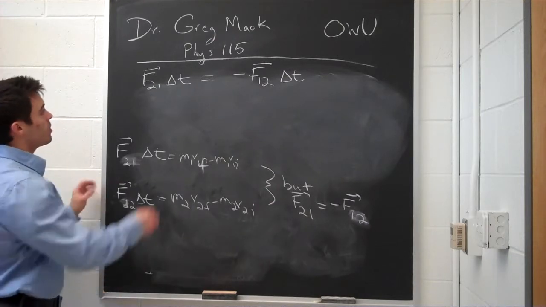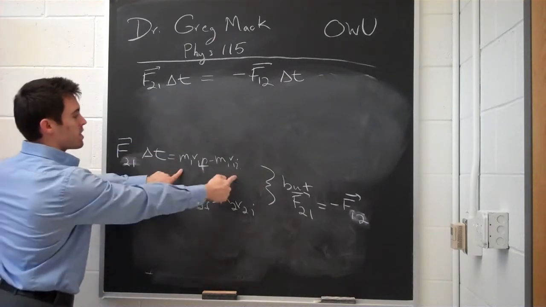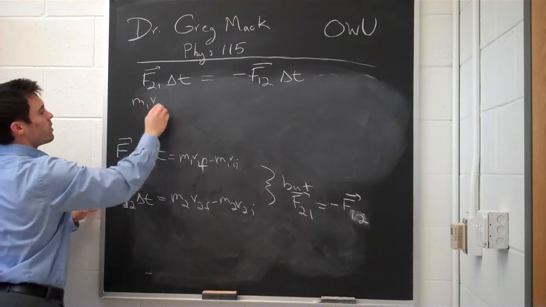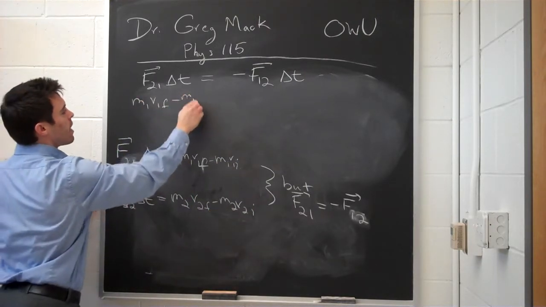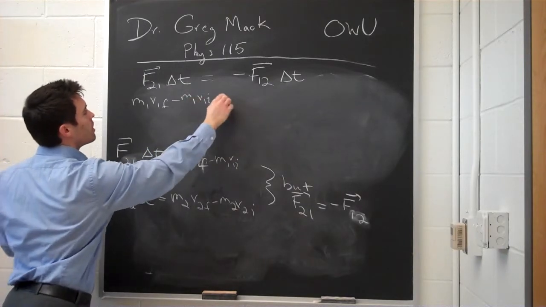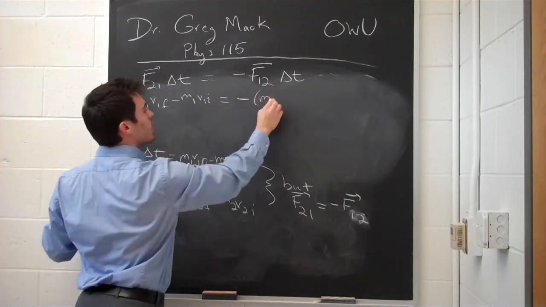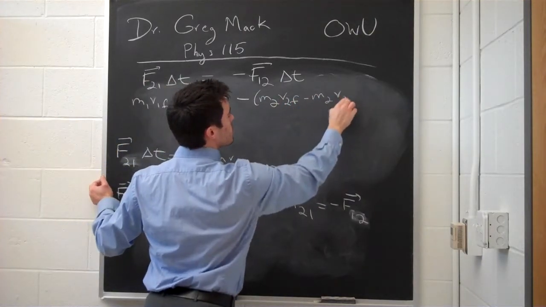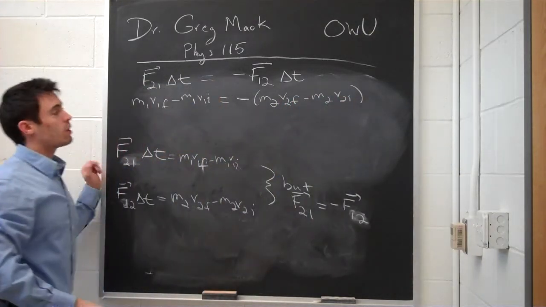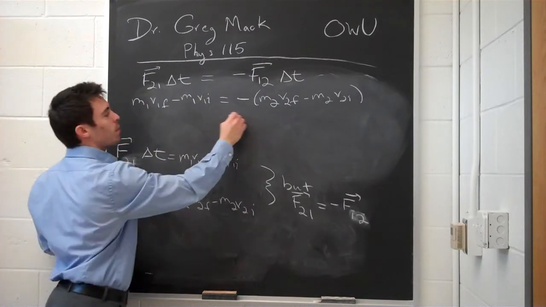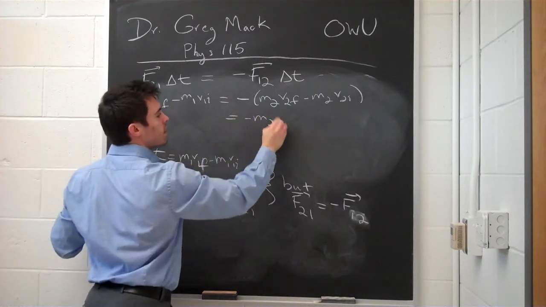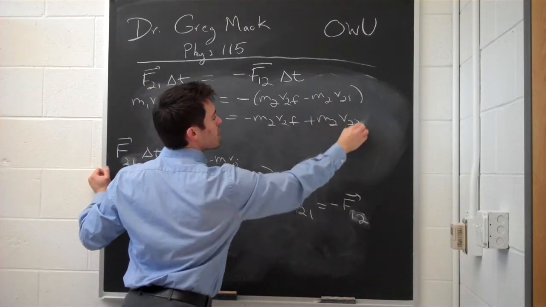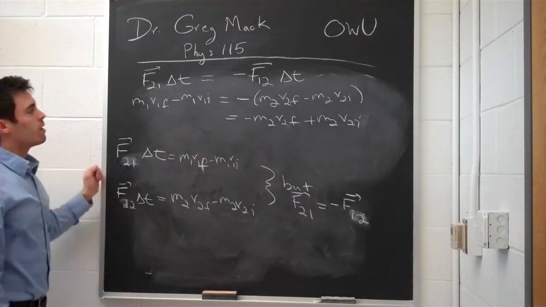And so F21 delta t equals this, F12 delta t equals this, so m1 v1 final minus m1 v1 initial is equal to negative m2 v2 final minus m2 v2 initial. If I just multiply the negatives through, this equals minus m2 v2 final plus m2 v2 initial.